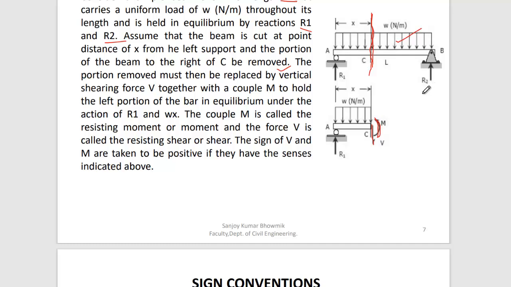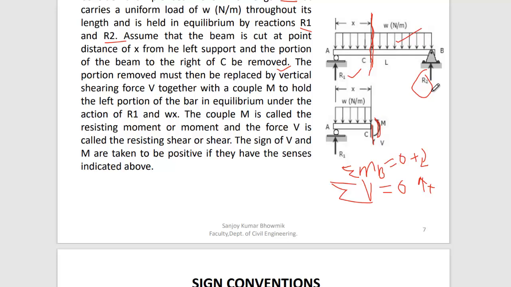If two reactions are unknown, taking summation of vertical first will not work, because 2 unknowns are there. But if you take moment at point B, considering clockwise, we will get R1, because R2 will be 0 at that time. You can calculate R1. So this is a simple technique from basic mechanics.